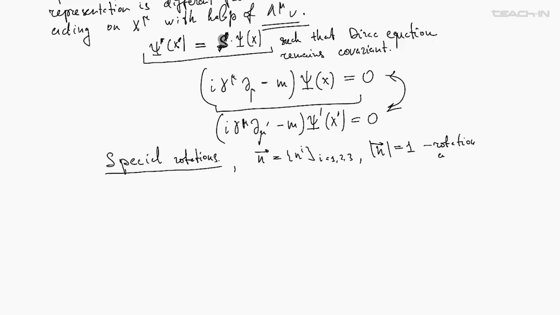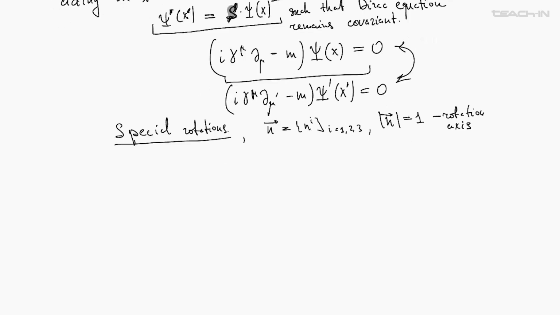And we need to specify the rotation angle, and the rotation angle I denote by theta. So in other words, an axis, which is specified by this unit vector, and I need also to specify an angle, theta, by means of which I rotate.